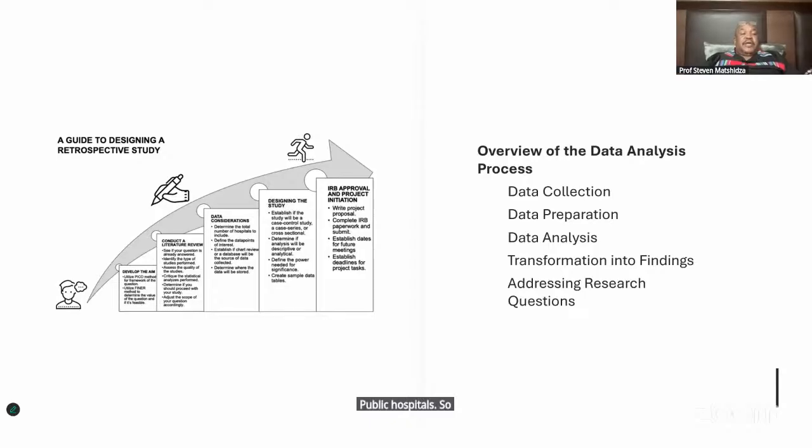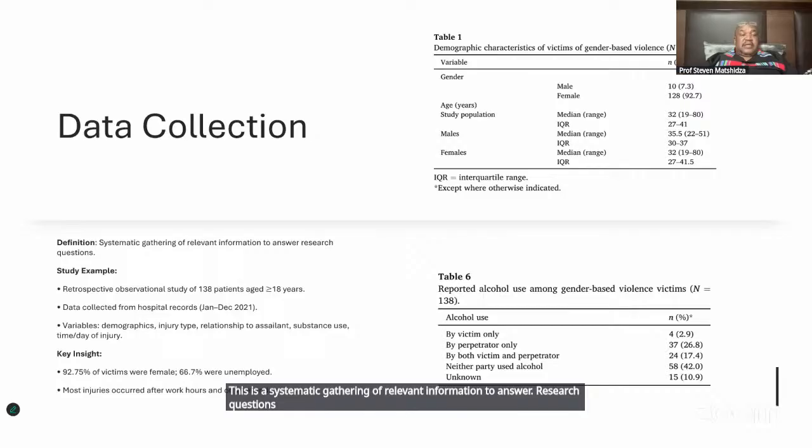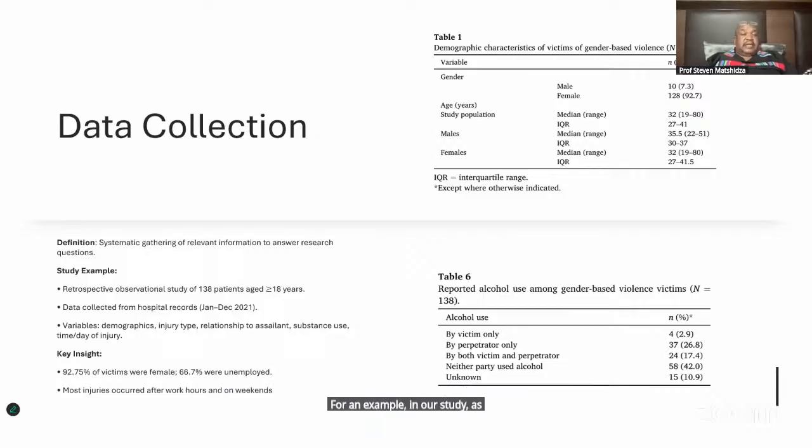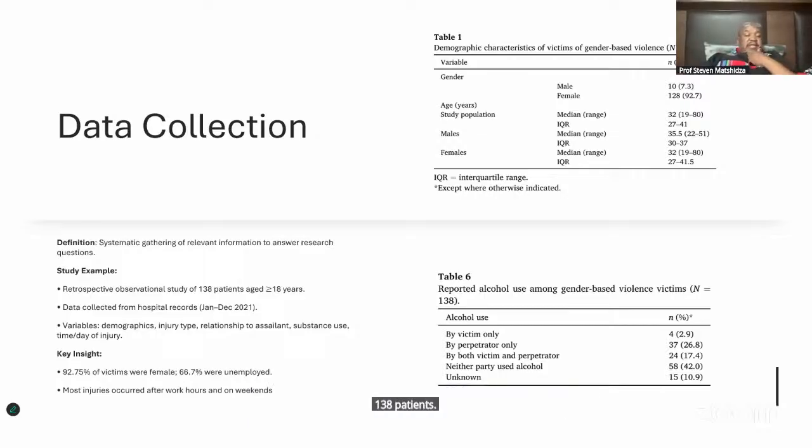So what is data collection? This is a systematic gathering of relevant information to answer research questions. For example, in our study, as I mentioned earlier, we did a retrospective observational study of 138 patients, 18 years and older.